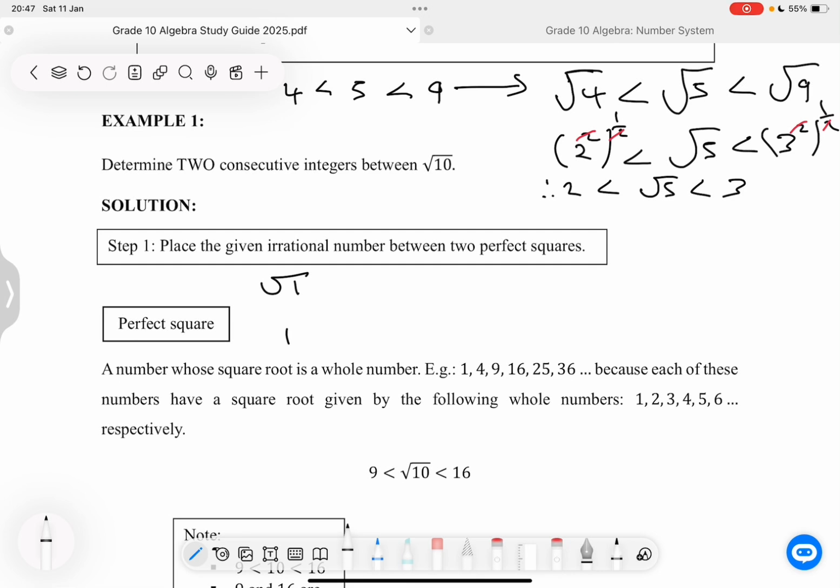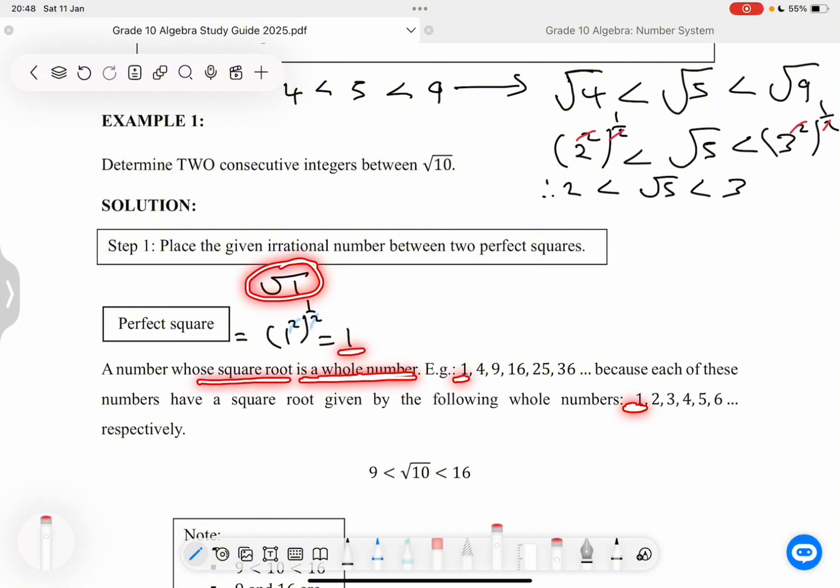We know that 1 can be written as 1 to the power 2, and here we can write that so that this and this cancel each other, and now I'm left with 1. Do you see that when I take the square root of 1, I get 1?